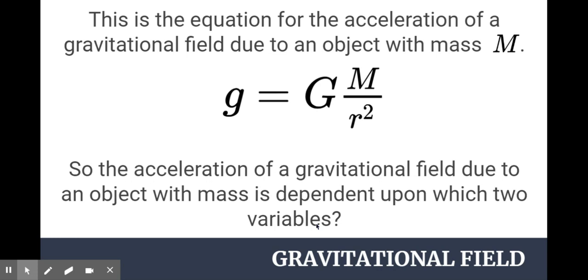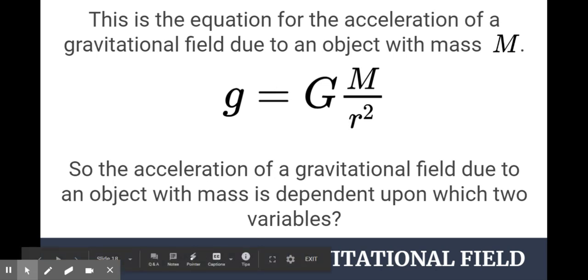Once again, G is not a variable. Keep that in mind. So the acceleration due to the gravitational field of an object depends on what two variables? Let me say that again. The acceleration due to gravity in a gravitational field is dependent upon what two variables?